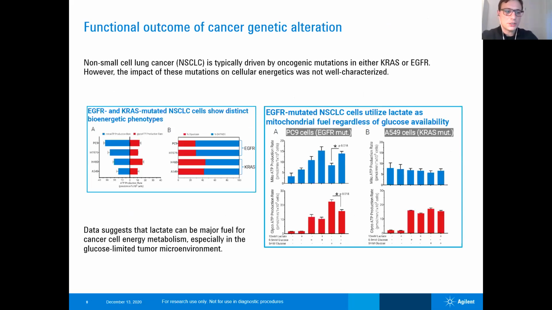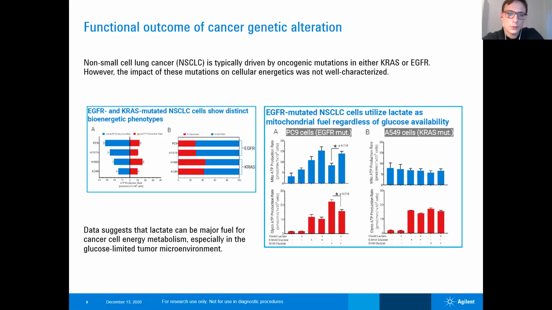In the other example, which I would like to show with the ATP rate assay, we just had a look how different genetic backgrounds and different substrates you supply influence cell metabolism. And we were looking here at non-small cell lung cancer cells. And we have 2 different EGFR and 2 different KRAS mutated cell lines on the upper left.